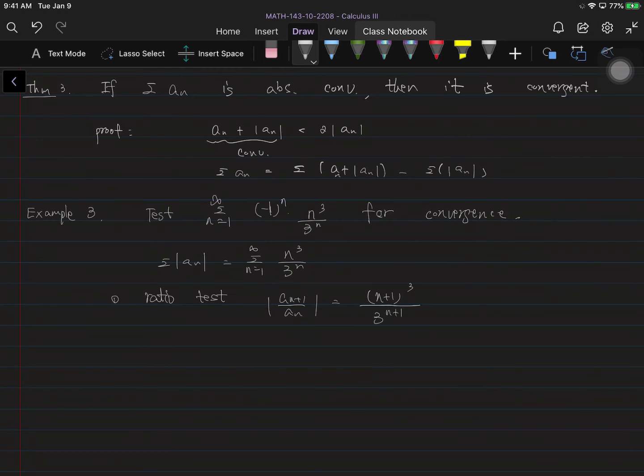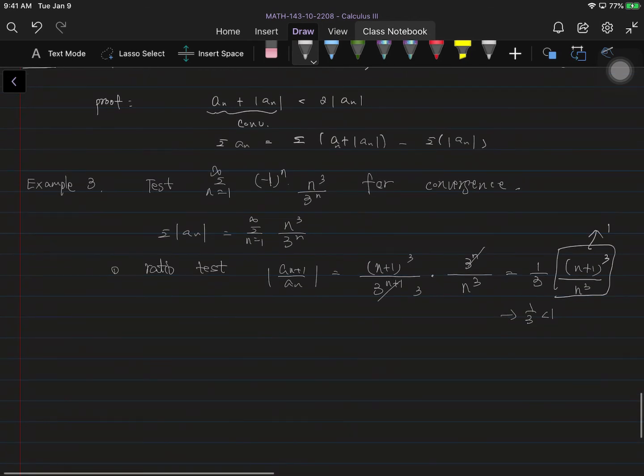This is the absolute value of a_{n+1}, divided by the absolute value of a_n, which is just multiplying by the reciprocal. Simplify, this cancels with that, and 3 is left. After we simplify, we get this, right? Because this part has the same power, the limit goes to 1. So the whole limit goes to 1/3, less than 1.